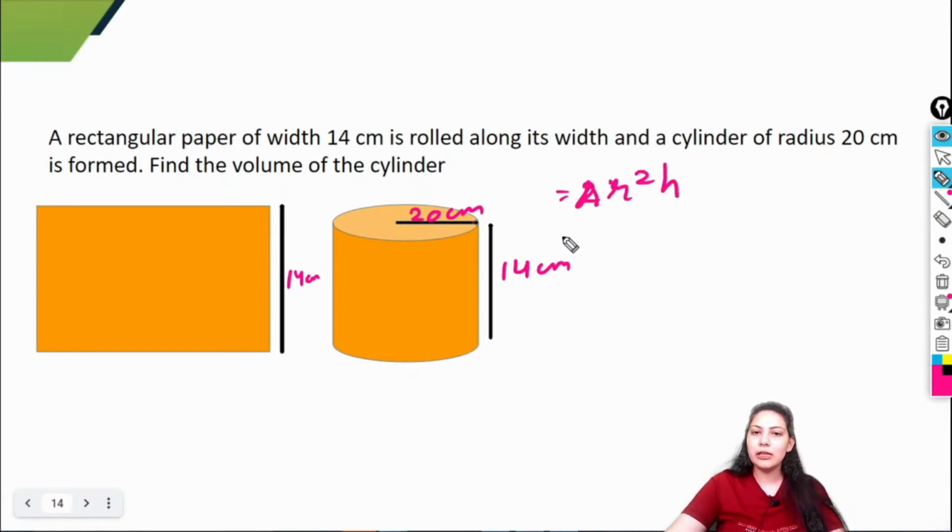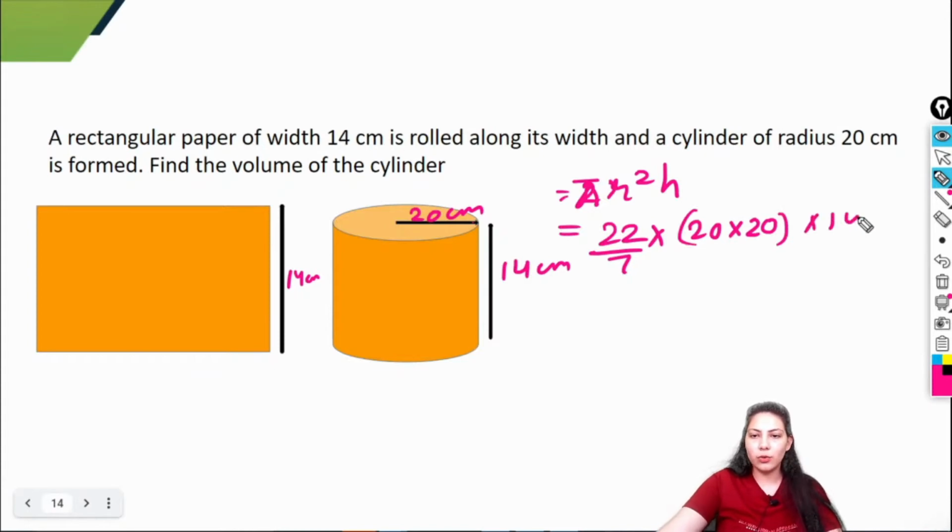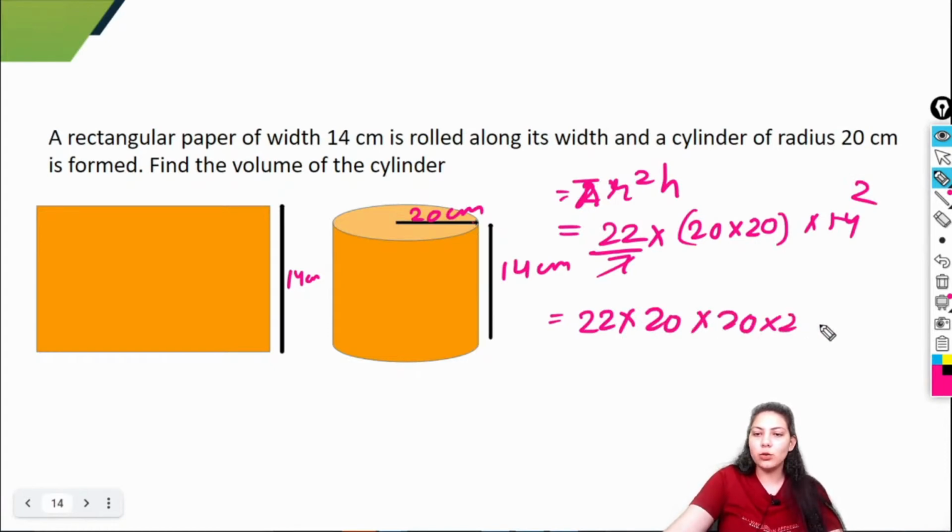So we can directly write the volume as pi r square h, 22/7 into 20 into 20 centimeter square into height 14. 7 2s are 14. Again 22 into 20 into 20 into 2 centimeter cube.